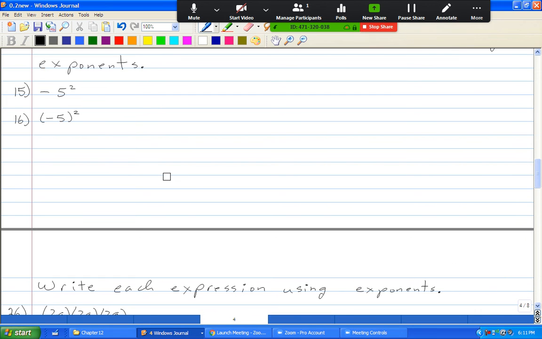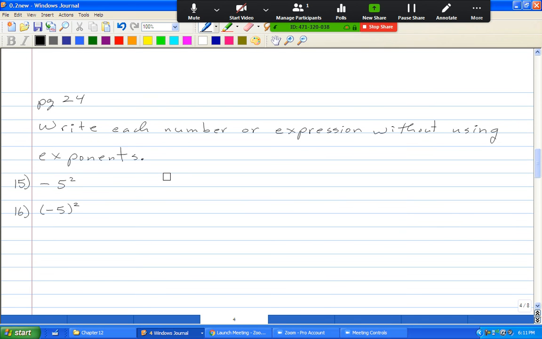On page 24, let me do problem number 15 and then problem number 16. Write each number or expression without using exponents.